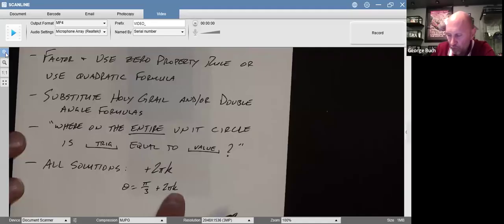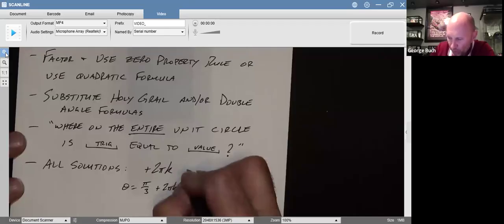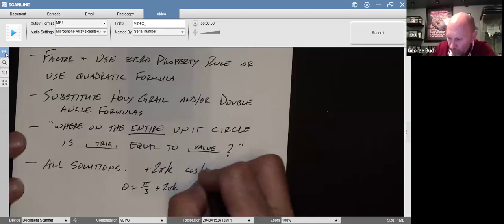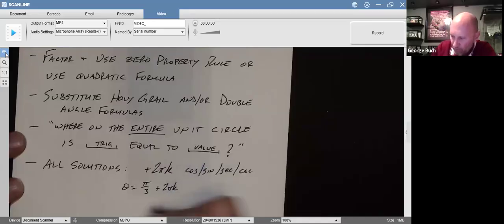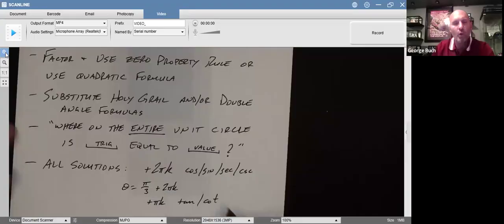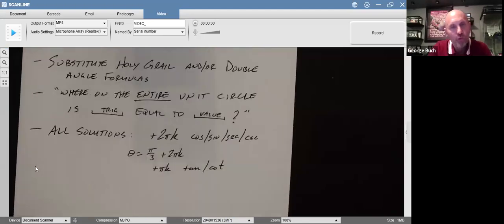When k is 2, pi over 3 plus 4 pi, etc. This is for cosine, sine, secant, and cosecant. And it's plus pi k if we have tangent or cotangent. So depending on what trig function we are using in the equation, that determines if it's pi k or 2 pi k.